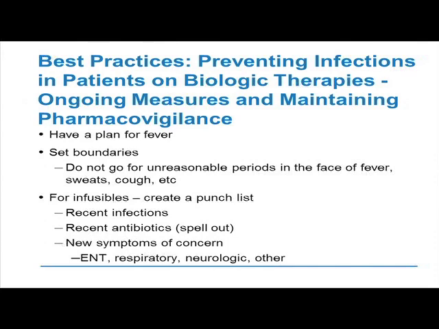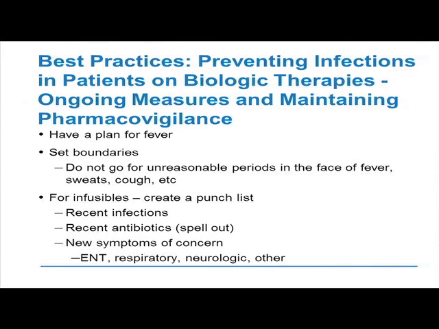I want that patient to leave with a plan for fever, saying we're not expecting you to get sick, but in the event that you do get sick, here are some guidelines and caveats. I don't want you staying at home for 10 days with a high fever without letting someone know. So we tell them what is unreasonable. Temperature of 102, I want to know. Sick for more than 2 or 3 days, I want to know.